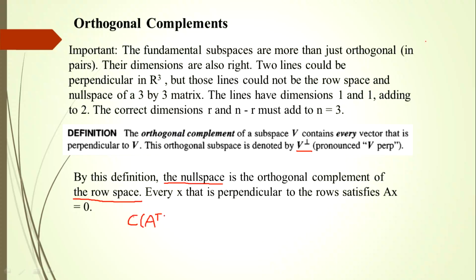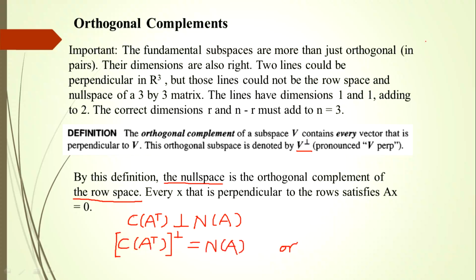The row space is orthogonal to the null space. So V perp, you can take the row space as the subspace V, and V perp, which means the orthogonal complement, be careful of this notation, equals the null space.